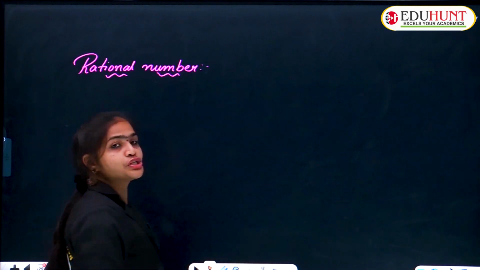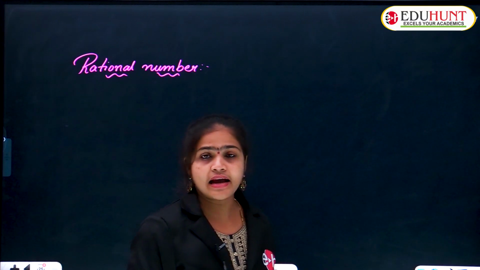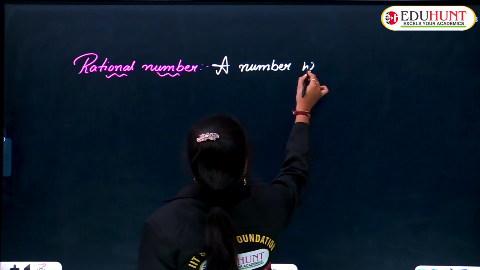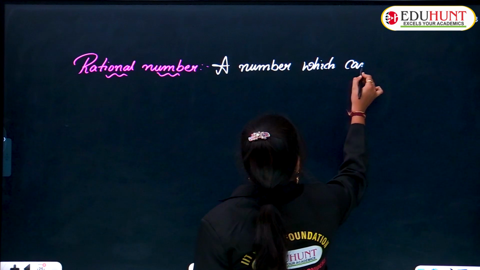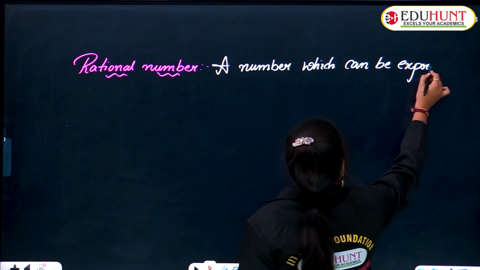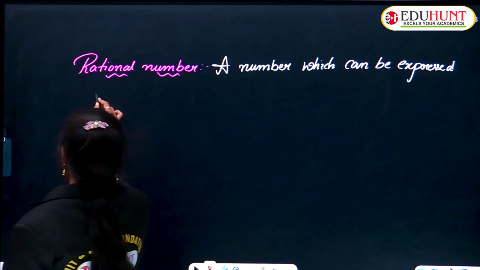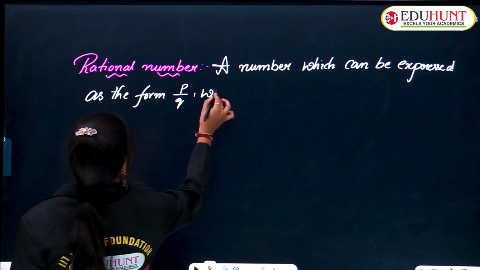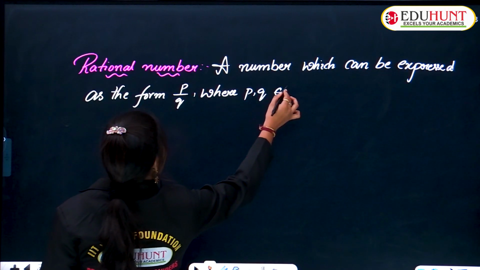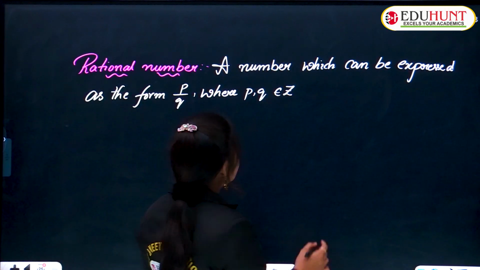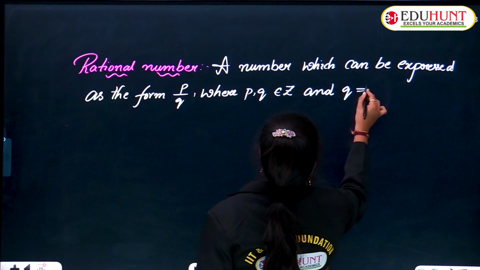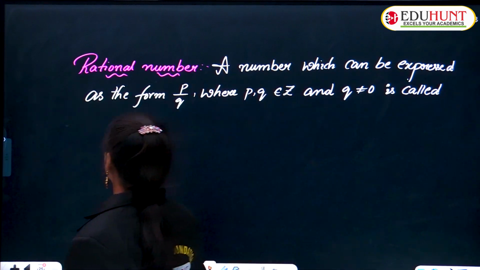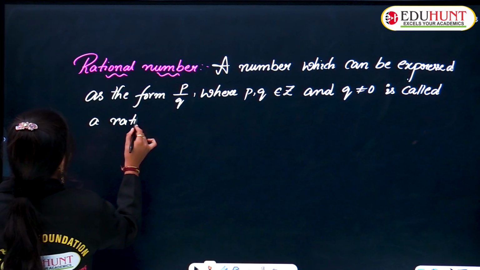A number which can be expressed in the form P by Q, where P and Q are integers and Q not equal to 0, is called a rational number.